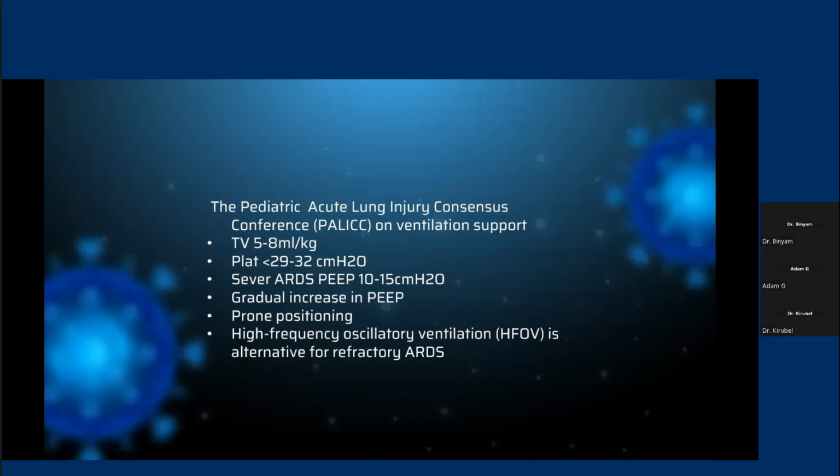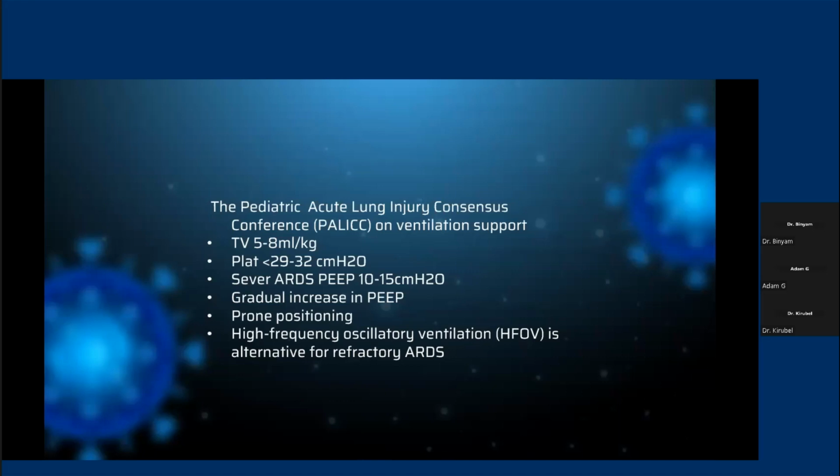So the treatment options, especially in pediatric ARDS: these recommendations are taken from the Pediatric Acute Lung Injury Consensus Conference, which was published in 2015. Most of these recommendations are very weak recommendations, and some of them are weak recommendations. So the recommended tidal volume is 5 to 8 ml per kg.